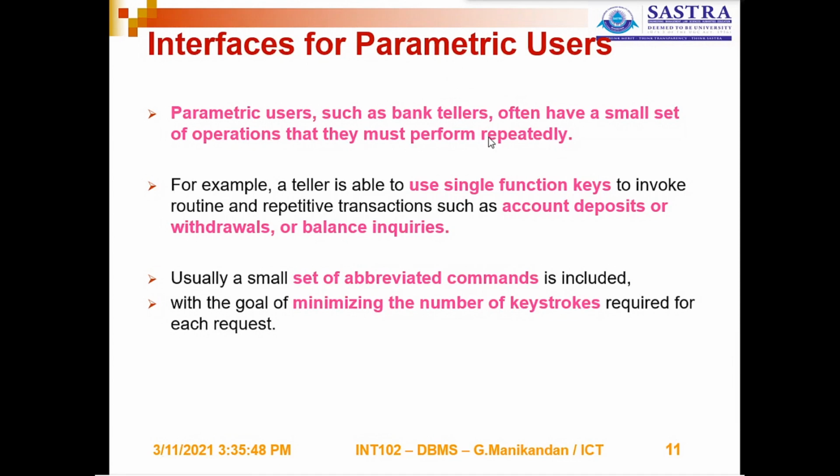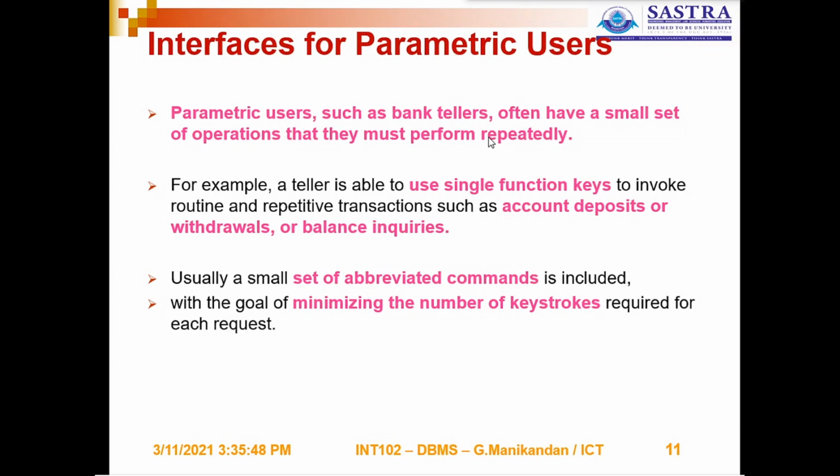So what they are going to do repeatedly is give an account number and check the balance. Now for this operation, instead of navigating or selecting some 4 or 5 options for checking the balance, you can equip these users with some shortcut keys or specialized program keys.